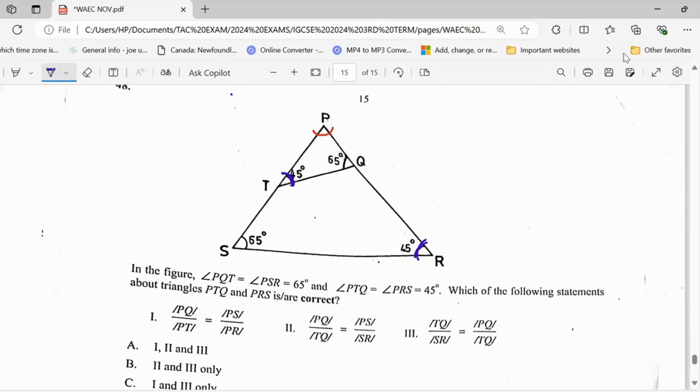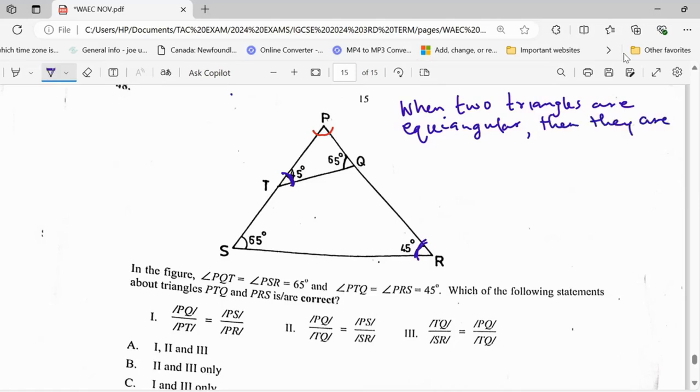Let's write it out. When 2 triangles are equiangular, that is, they have equal angles, then they are similar.